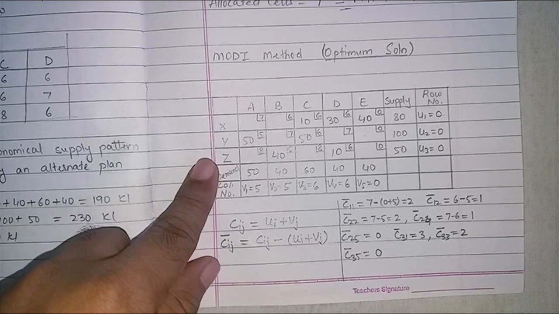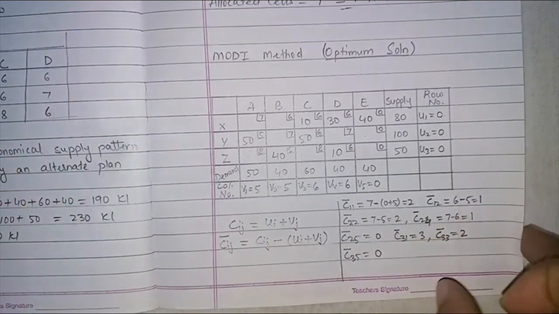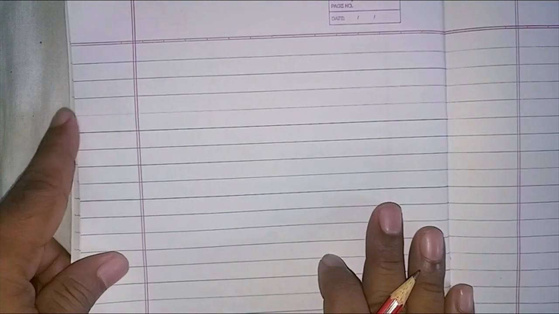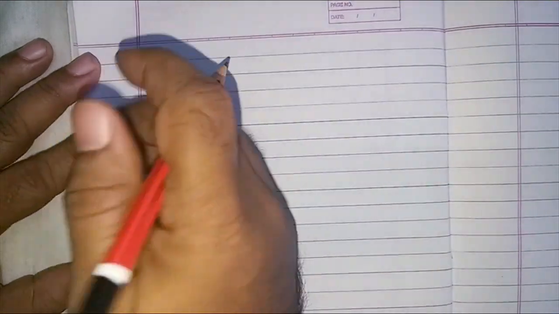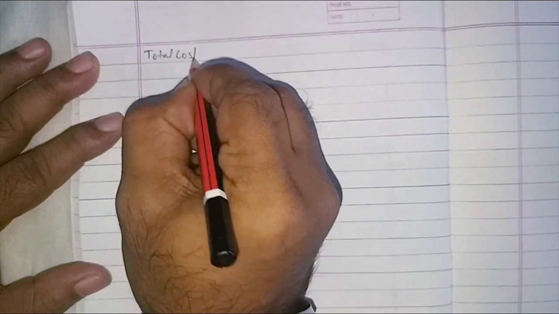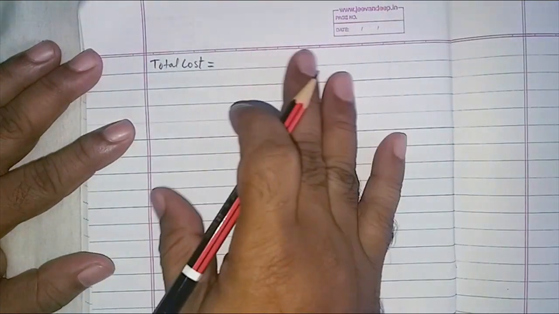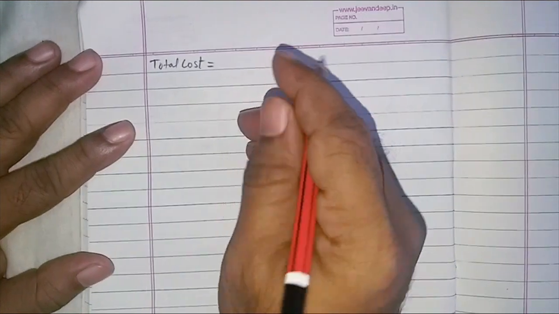Now let us do the calculation and find out what is the total cost for this solution, and then we'll also look at the alternate solution. What is the total cost? Total cost is now equal to, let us check the first one, we have 10 assigned there.